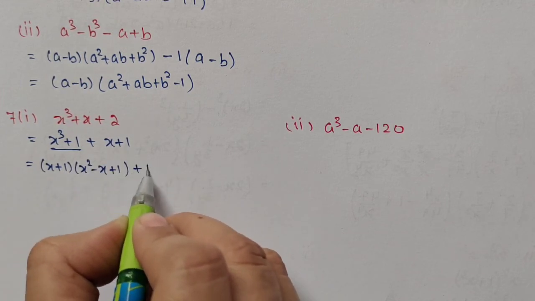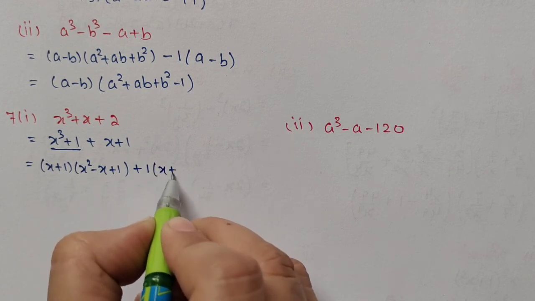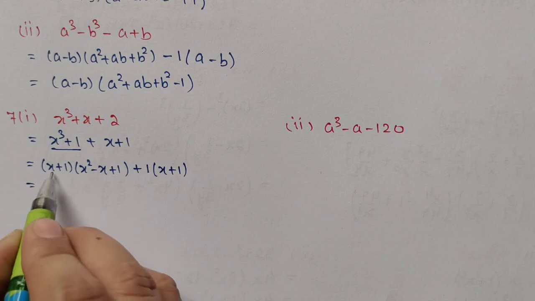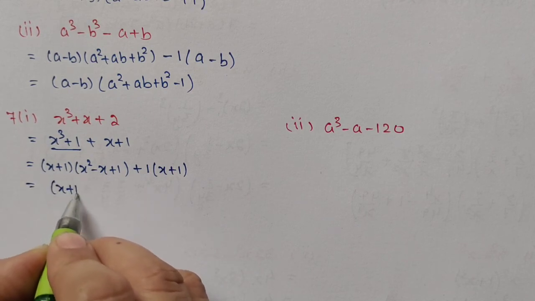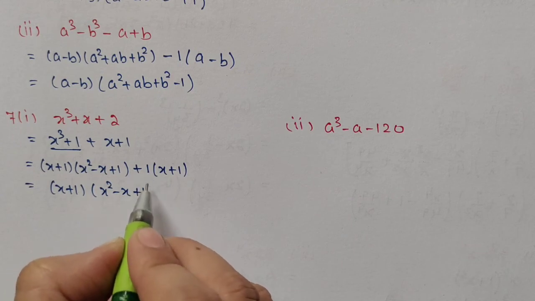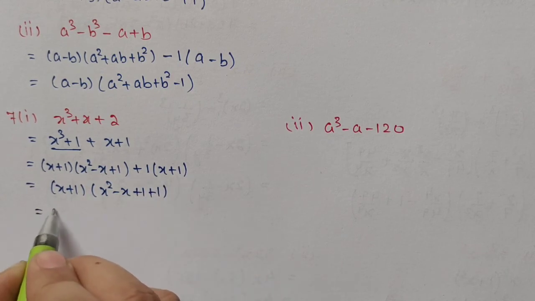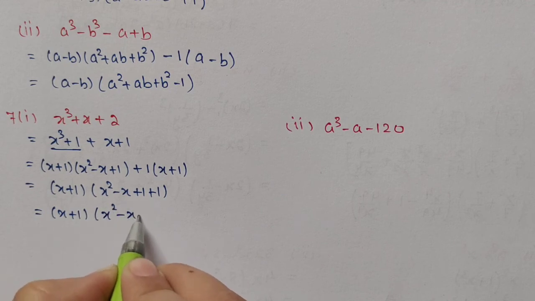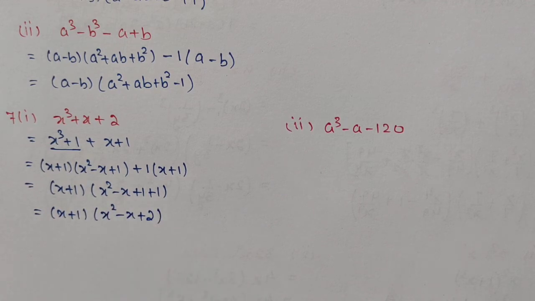And here we have 1, we can take out, x + 1 will be inside the bracket. Now x + 1 we can take out common, another bracket will be x² − x + 1 and this plus 1. So (x + 1)(x² − x + 2). This will be the answer.